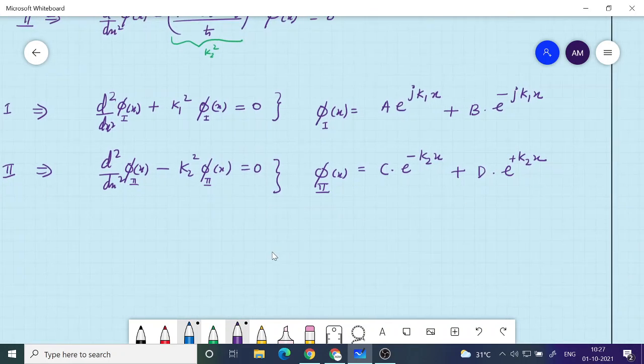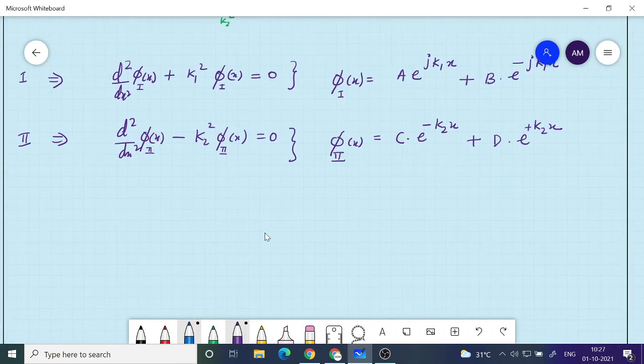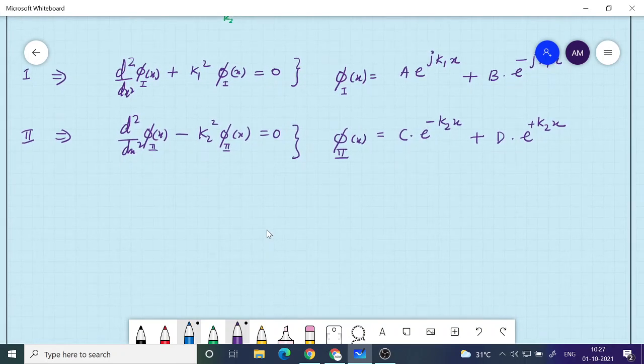Now we have four coefficients, and we need to determine their values. So what we do, like in the last case, is apply the boundary conditions. This is basically mathematics. Once you write down the Schrodinger equation, the solution is a mathematical exercise. It has nothing to do with physics.